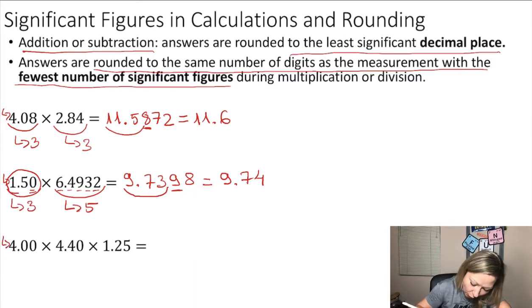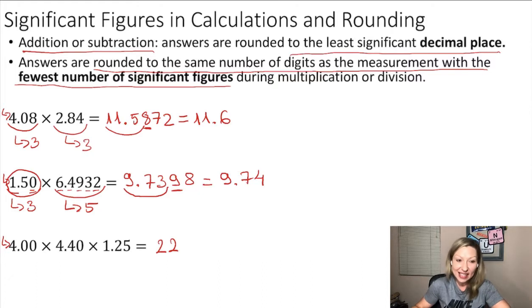Okay, let's look at our last example on this slide. So we have 4.00 times 4.40 times 1.25. Now, if you do this calculation, you are going to get an answer which is 22. All right, is it the right number of significant figures? Let's see. In the first value, how many sig figs do we have?